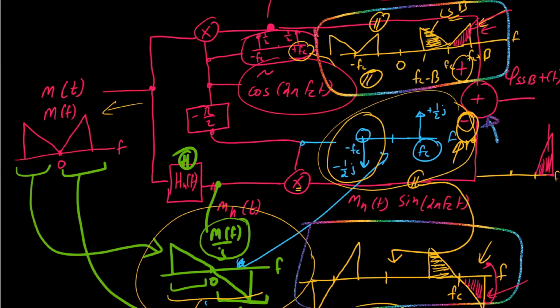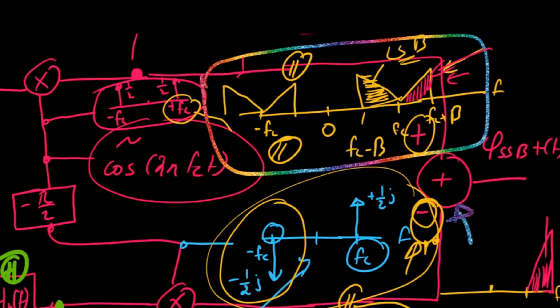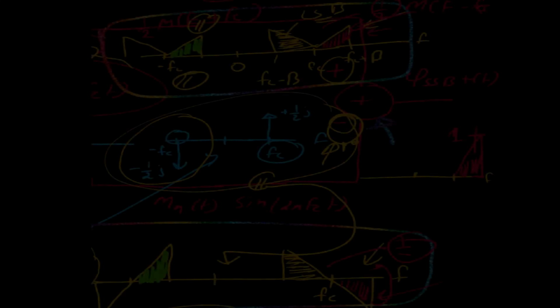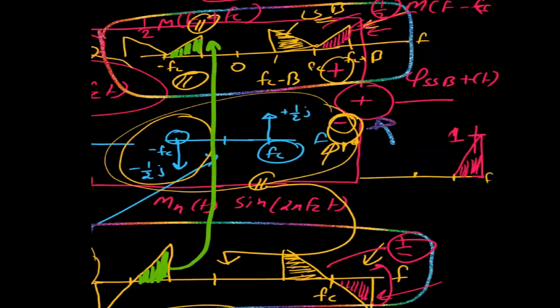By twice, what do I mean? This was our M of F. Now over here we have 1 by 2 M of F plus FC, and this is 1 by 2 M of F minus FC. So we have 1 by 2 over here, and again 1 by 2 over here, so this will become 1. Similarly, if we subtract this part from here, we would have this part which is 0.